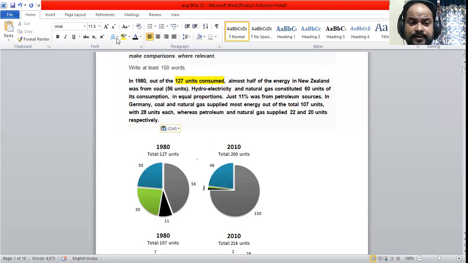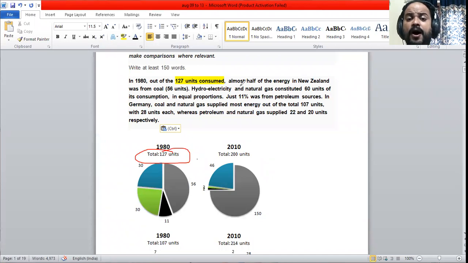Data is here, 127 units consumed. Almost half of the energy in New Zealand was from coal, that's in brackets 56 units, it's clear. Hydroelectricity and natural gas constituted 60 units of its consumption.